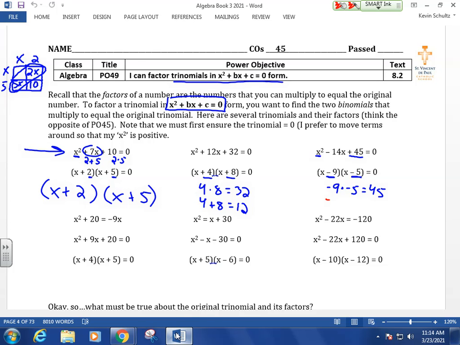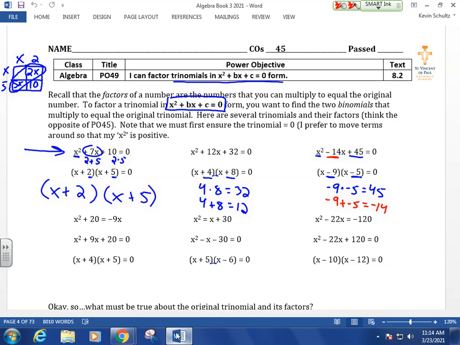Does a negative 9 plus negative 5, or just negative 9 minus 5, equal our middle term of negative 14? Yeah. So that's the relationship that you're looking for here. Two numbers that are going to multiply to equal the constant in your trinomial, but then also add or subtract to equal that middle x term.